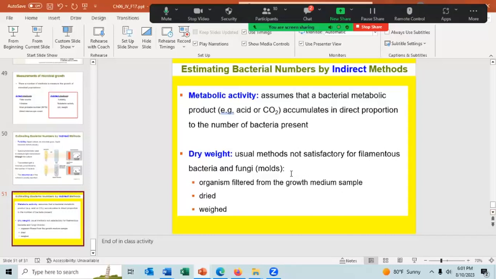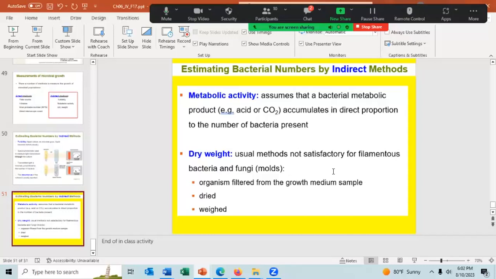The dry weight is another method used for measuring bacteria and getting an estimate. It is a usual method for filamentous bacteria and molds, where you grow up your cells and then centrifuge them down, pour off the liquid, and then dry the cells.